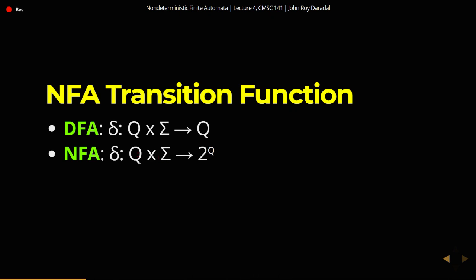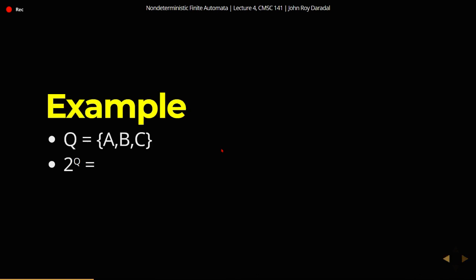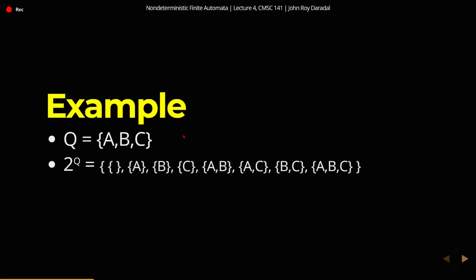But in the NFA, we have the transition function mapping a state and an input symbol to 2 raised to Q. Now, what is 2 raised to Q? We call this the power set of Q, which is the set of all subsets of Q. Okay? So, what does that look like? Let's see an example. Let's say that your set of states Q has 3 states, so A, B, and C. So, your 2 raised to Q, which is the power set, will be the following.